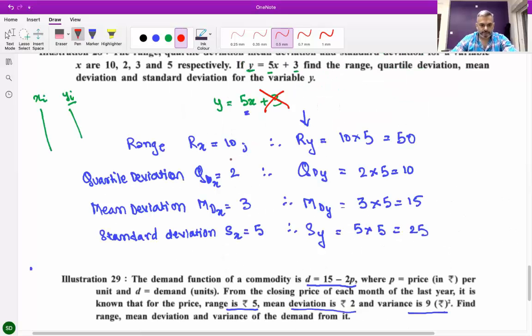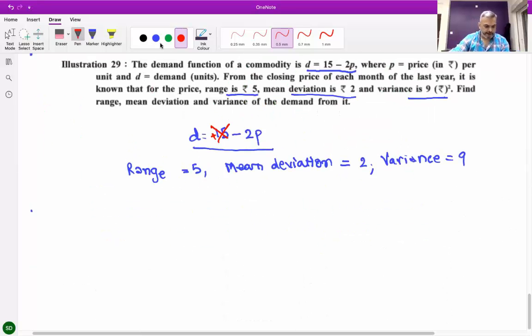So over here we write new measures. New range is equal to 5 into modulus of 2, which is equal to 10 units.